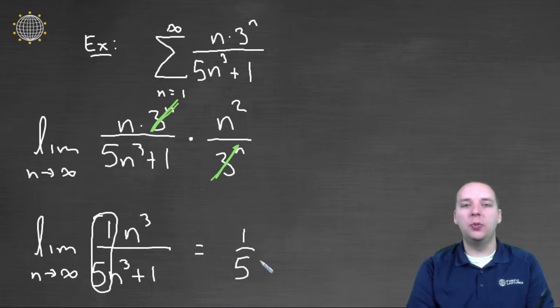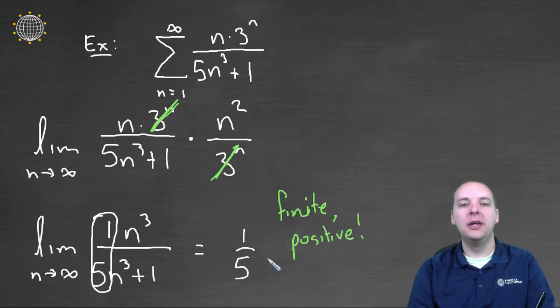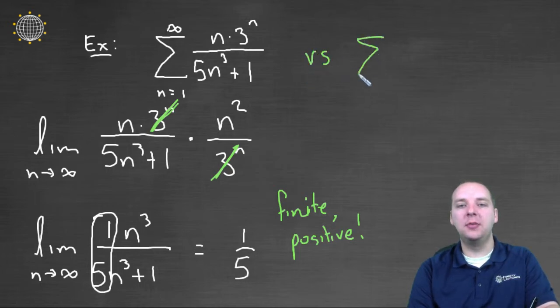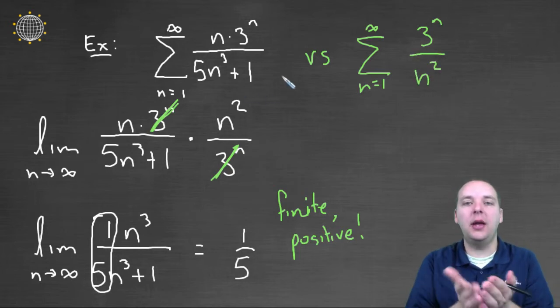All right, so now 1/5, what does that mean? Does that mean that the sum is 1/5? No, that's not what this means. The limit comparison test says that if this limit is finite and positive, which it is, then that means that this sum of the ugly series versus this summation, n equals 1 to infinity, of this slightly nicer compared series, 3 to the n over n squared, will either converge together as a pair or diverge together as a pair.